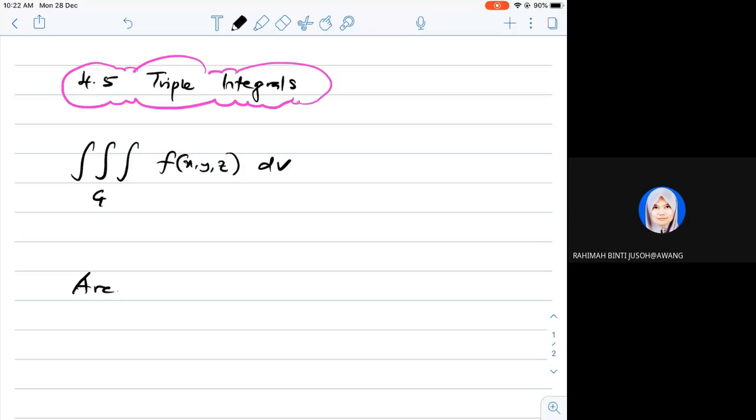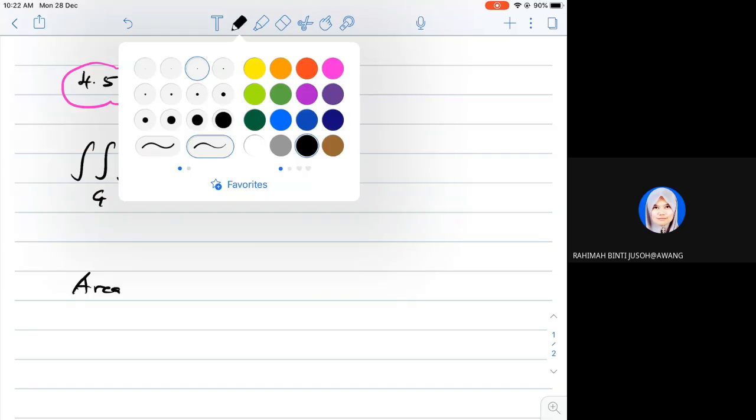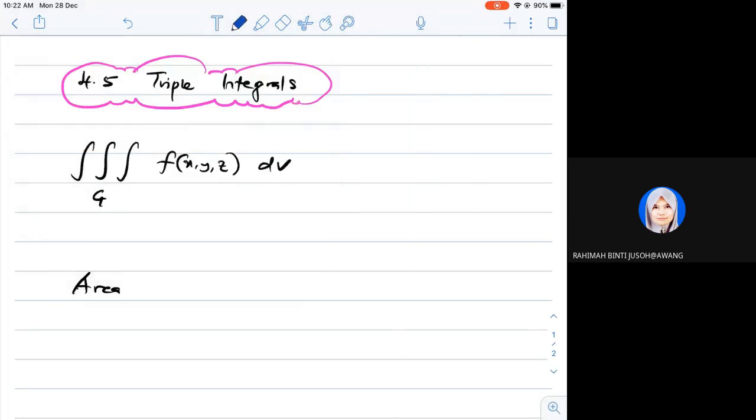Area, in order to calculate area so that you can differentiate what happens in double integration and triple integration. In order to calculate area, we will use only double integration. I repeat, if you want to calculate area, we only use double integration.